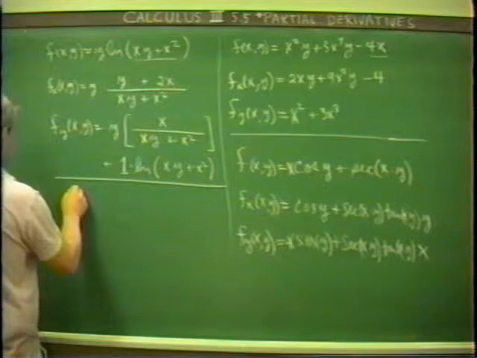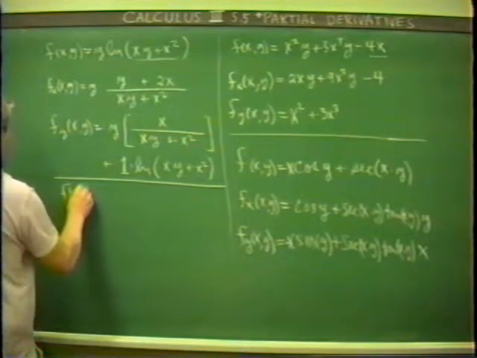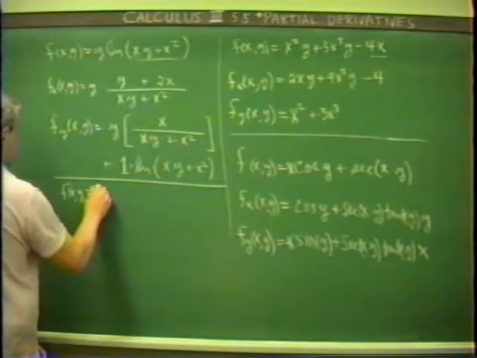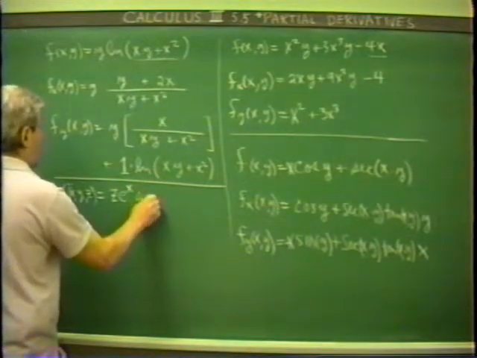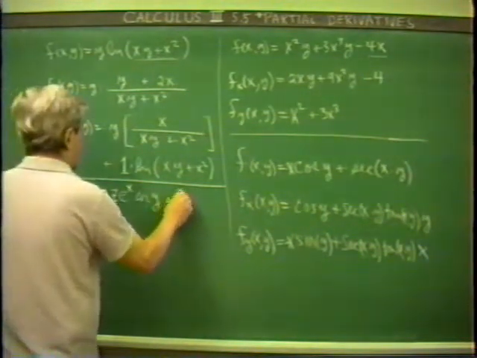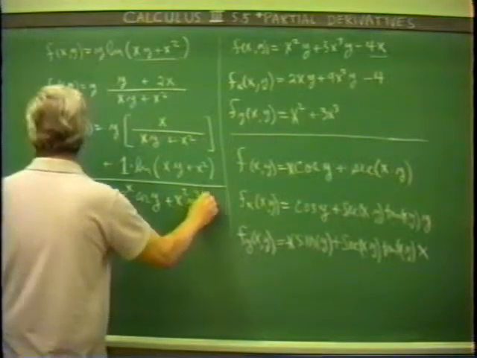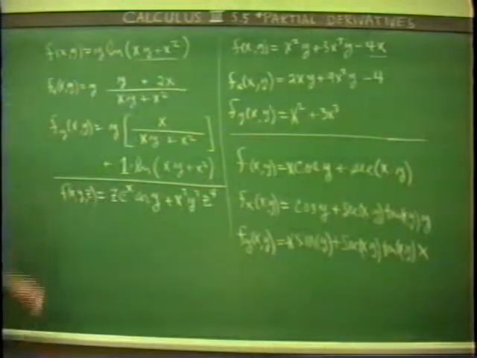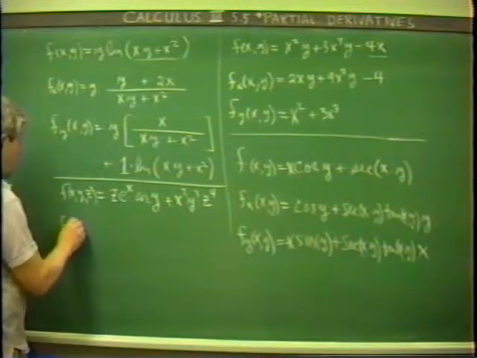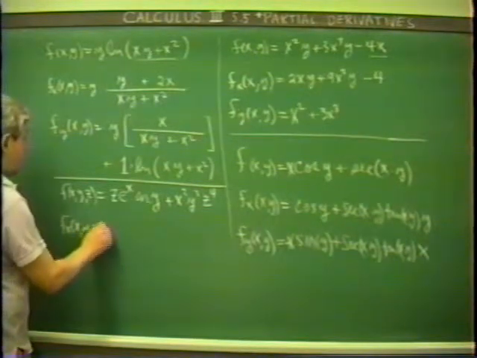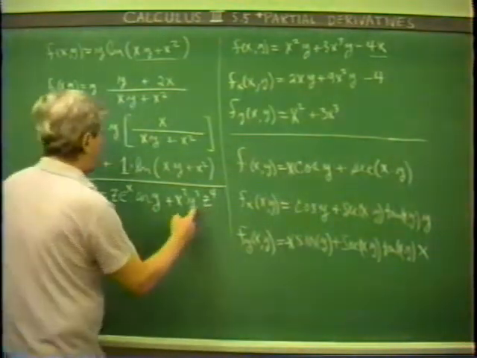Let's take a look at a function of 3 variables here. Let f of x, y, and z be equal to z e to the x cosine y plus x squared y cubed z to the 4th. Okay. The partial with respect to x at x, y, and z.